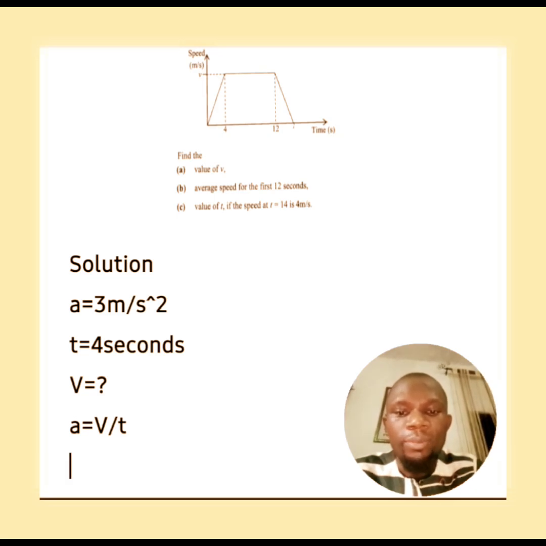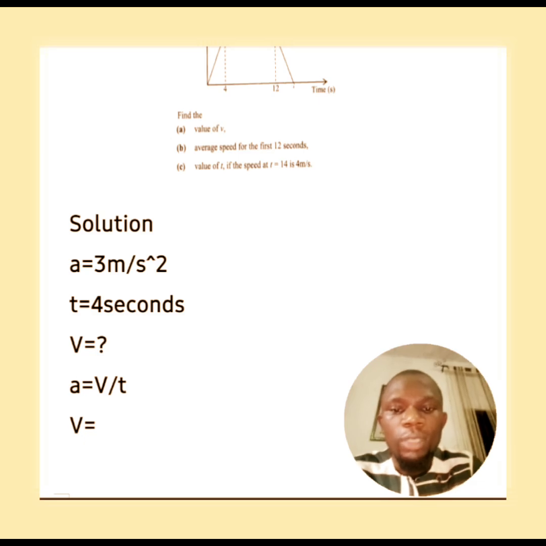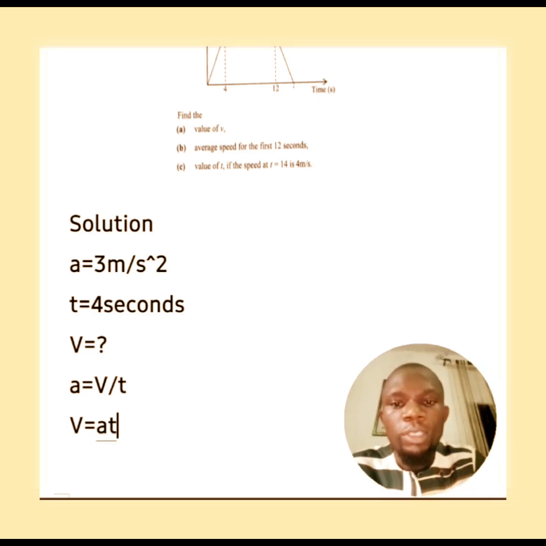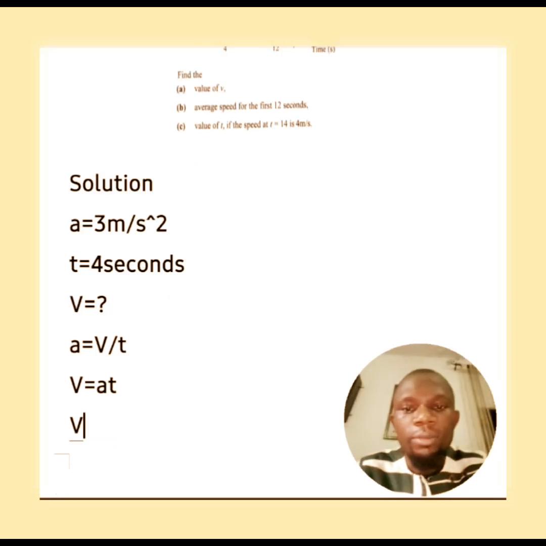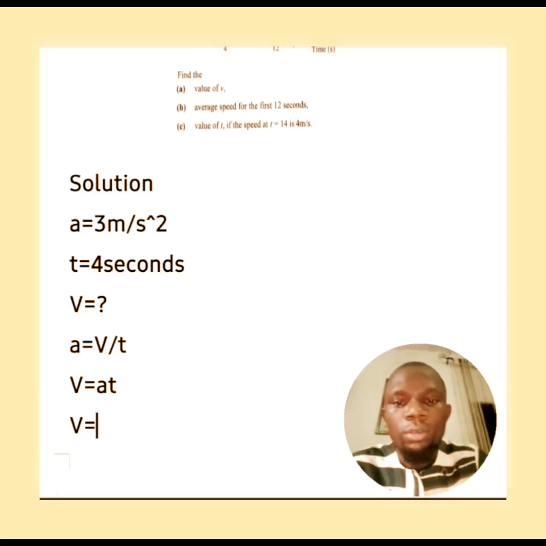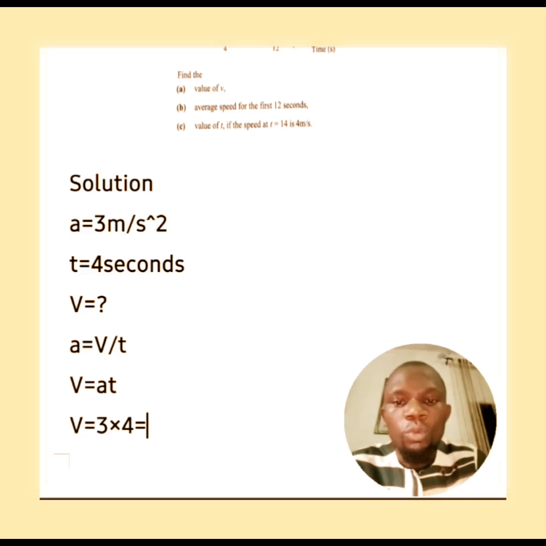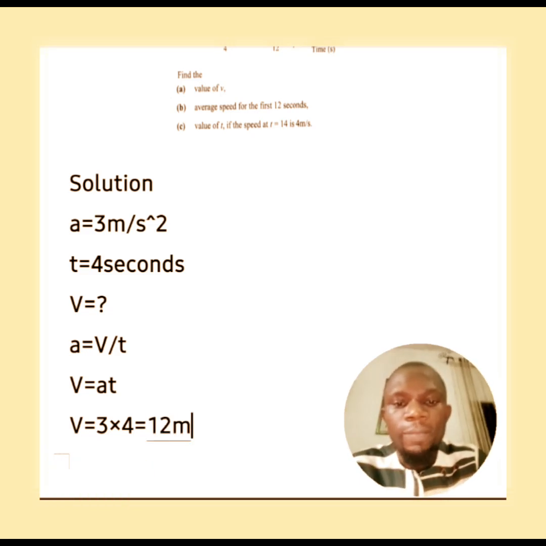When you cross multiply, a multiplies t. So v is equal to a times t, which is 3 times 4, which is equal to 12 meters per second.